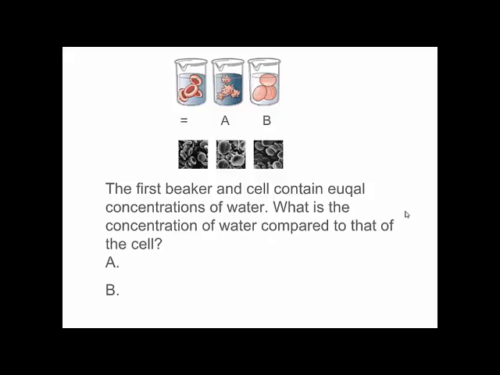Now what's happened to those red blood cells when we look at this next beaker? On yours it's labeled B. What's happened to the cells? Yeah? Alex? They sort of split apart. Not quite split apart.